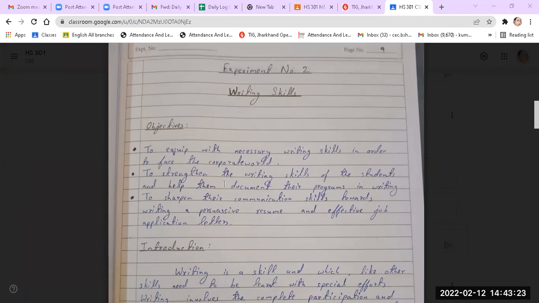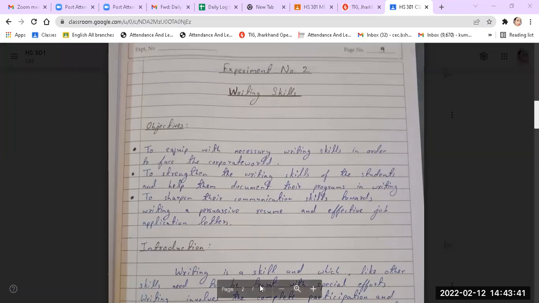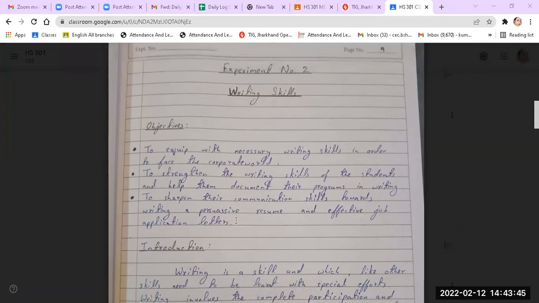Second objective is to strengthen the writing skills of the students and help them document their programs in writing. Third, to sharpen their communication skill towards writing a persuasive resume and effective job application letter. That is why we focused specially on persuasive writing, because we use persuasive writing basically everywhere.